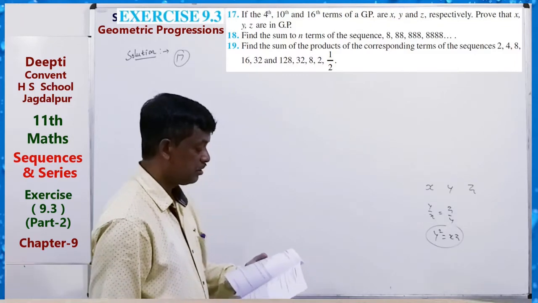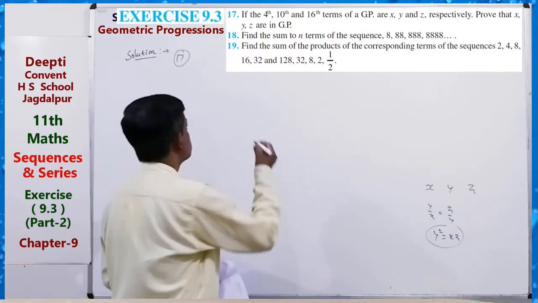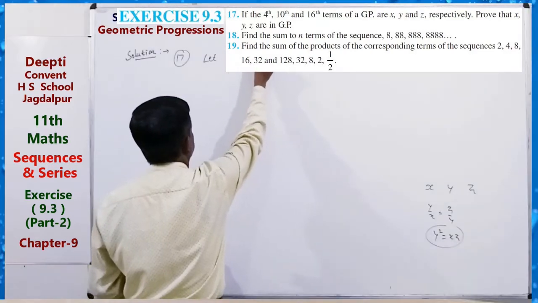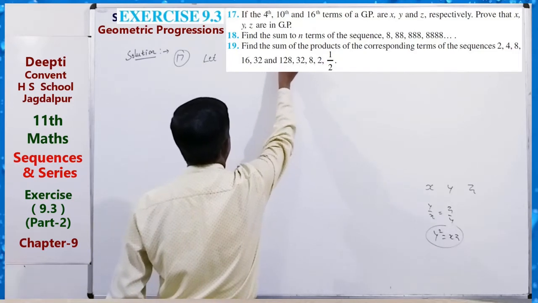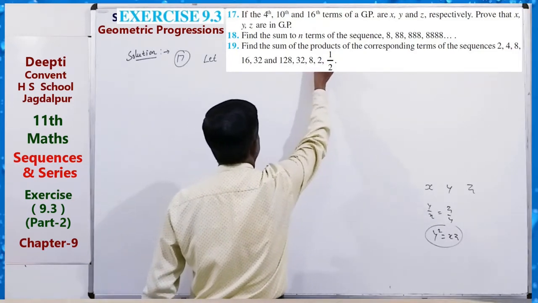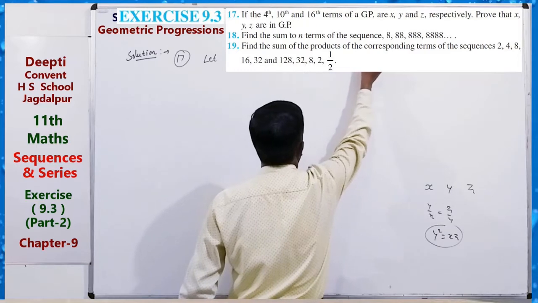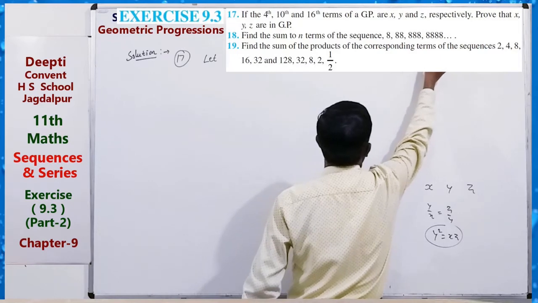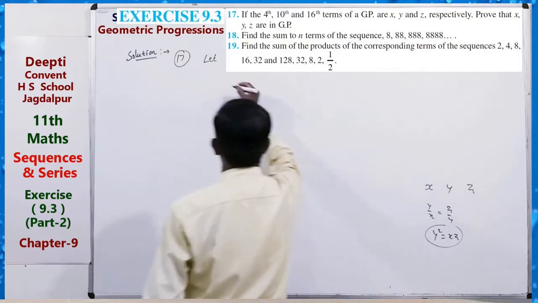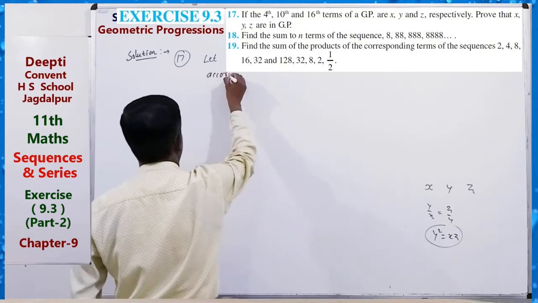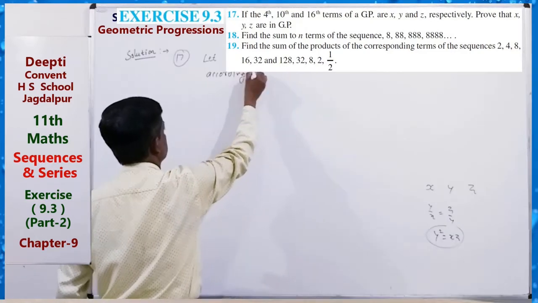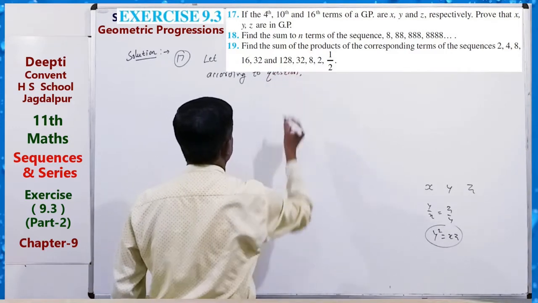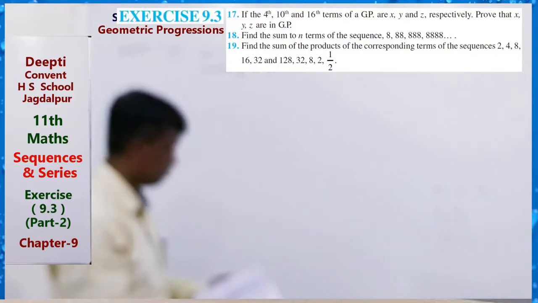So here, the 4th, 10th and 16th terms. Let A be the first term and R be the common ratio. According to the question, what is given?